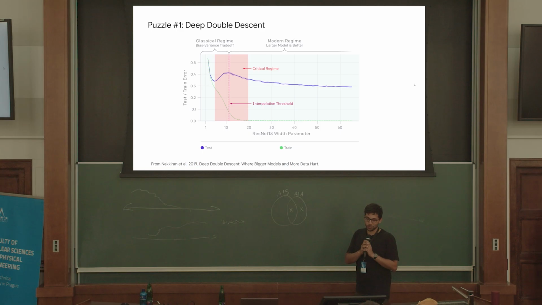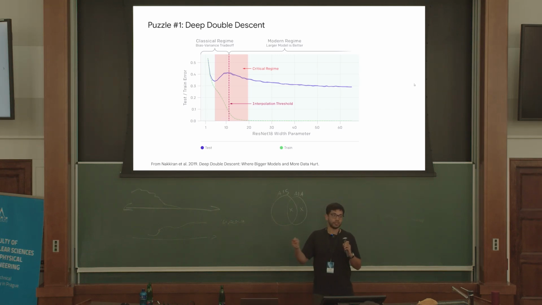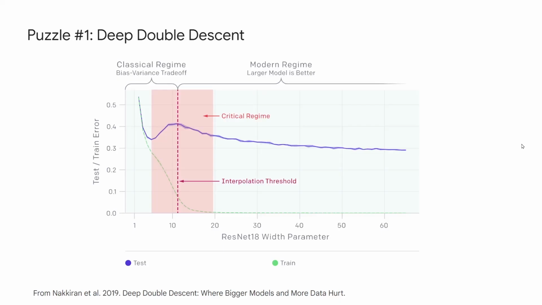OK, so to give an overview of what this is, in classical statistical learning theory, there's this idea that you have a bias-variance trade-off. As you increase the capacity of your model, your empirical loss on the training set goes down, but on the test set, at some point, your model will start to overfit the training set. And so the purple line goes up. And that's the initial bit of this classical regime in this diagram.